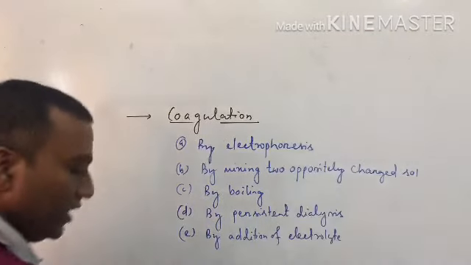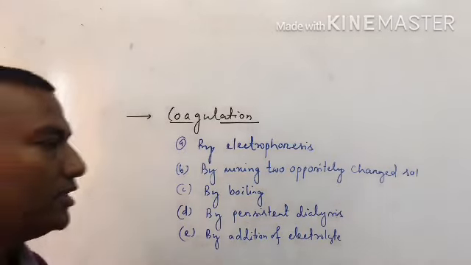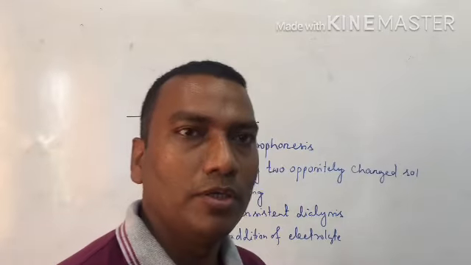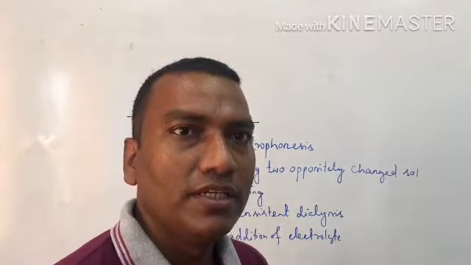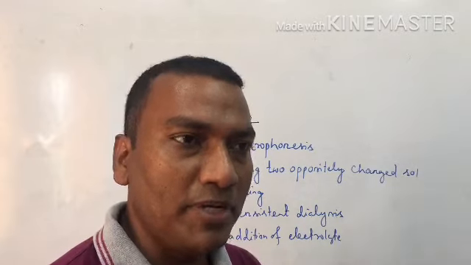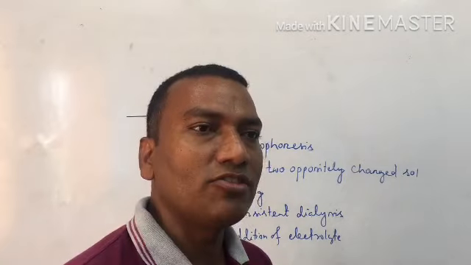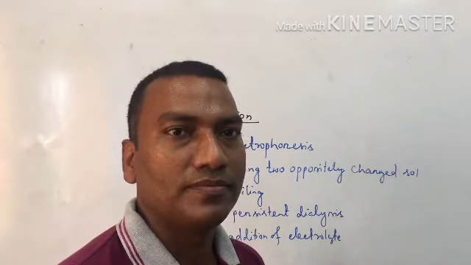Then the next term is, what do you mean by coagulation? Yes or no? Last class I told you coagulation means precipitation, PPT. The process by which the colloidal solution can be precipitated, or whatever solute is present can be precipitated, is known as coagulation.